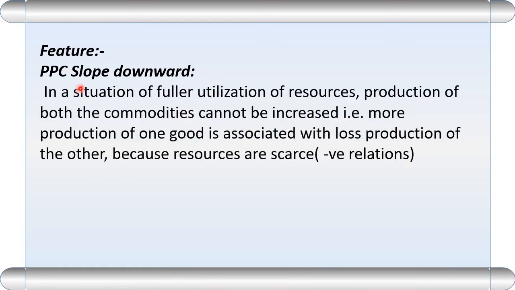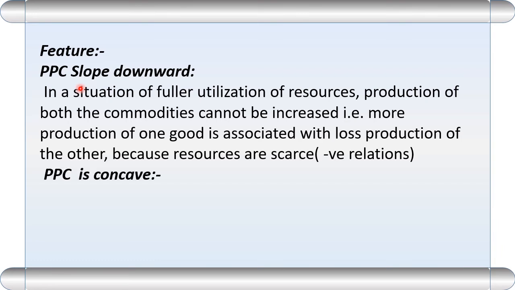In order to increase the production of one commodity, we have to sacrifice the production of the other commodity. If both the commodities are increasing, then definitely the slope will be upward, otherwise the slope will be downward. Here there is a negative relationship between both the commodities, so the production possibility curve is sloping downward.